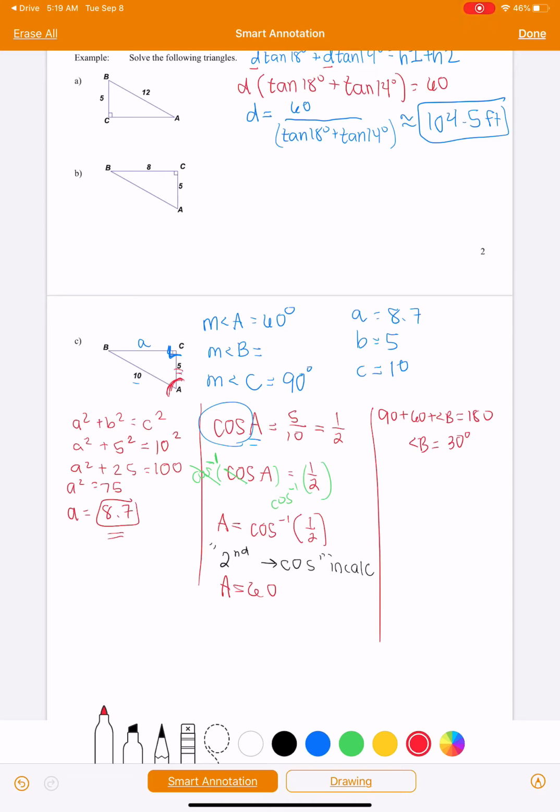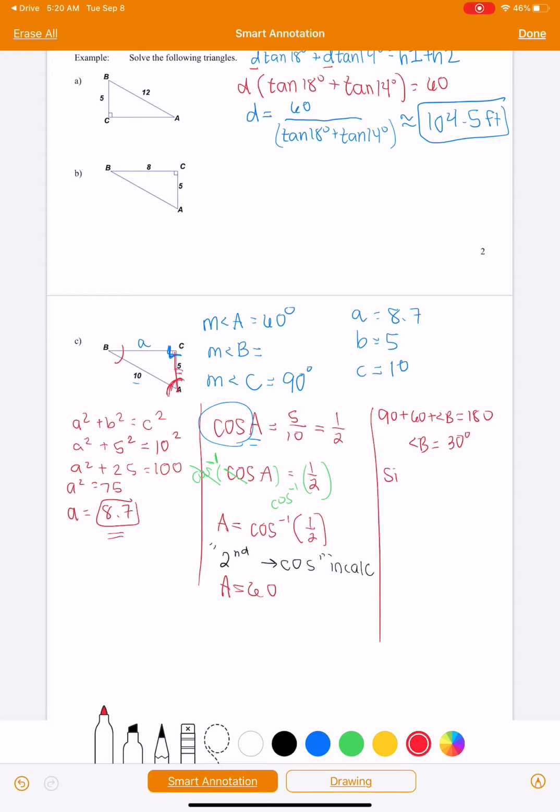But just for a little bit more practice with this inverse trig, let's go ahead and just solve it like we did for angle A. Okay, so again, we have angle B. If we're looking at the information already given, the 10 and the 5, 10 is the hypotenuse. This side length 5 is opposite of angle B, so we're going to use sine, opposite and hypotenuse.